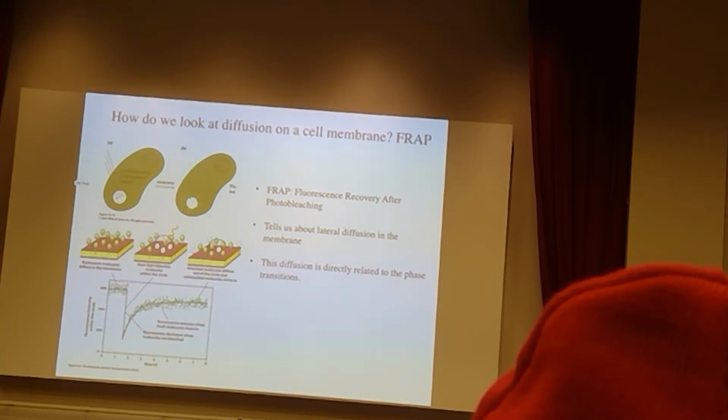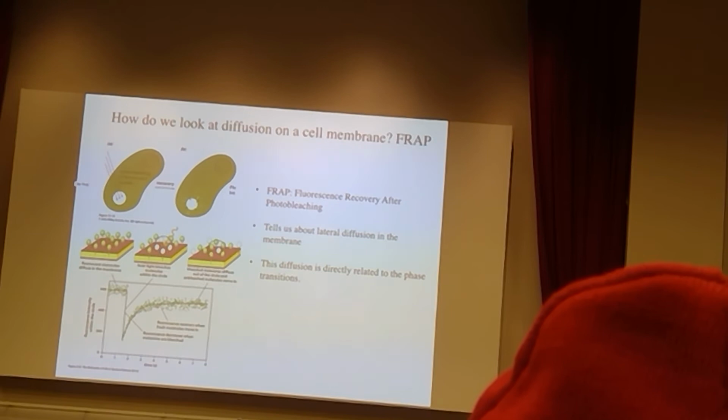So this told them right away that, yes, the membrane is not a static structure, that there is diffusion that takes place, and that there is some amount of fluidity here.